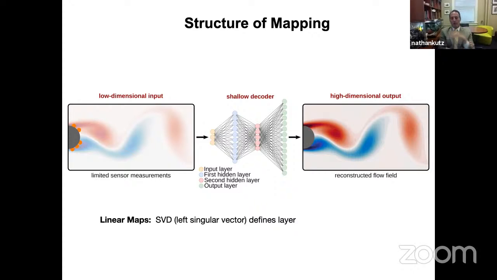What I'm showing you on the left and the right of the network is exactly what we're doing. On the left, you see those orange balls on the flow around the cylinder. Those are my sensors. I have 5 of them, and they have some numbers. As I record in time, those sensors have numbers, right? It's like, here's what the sensor says. There's 5 of them.